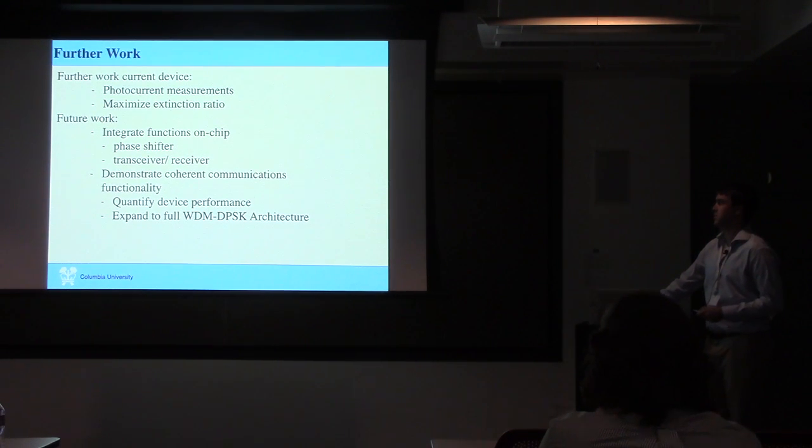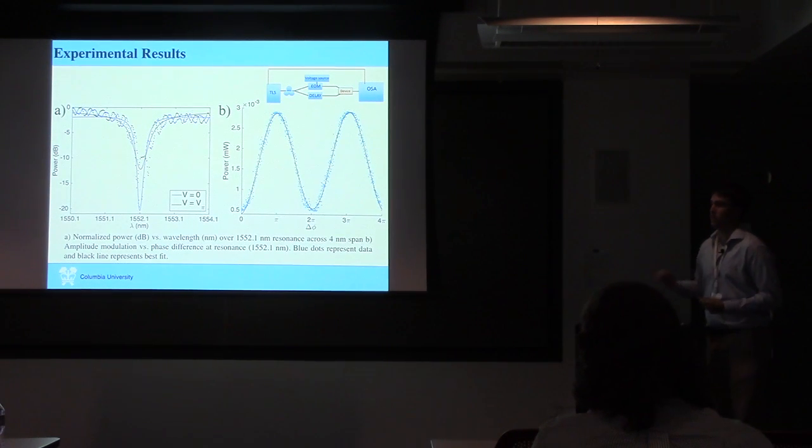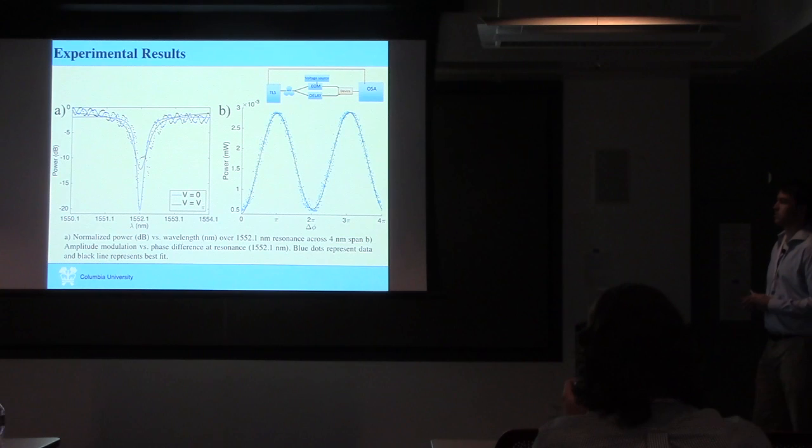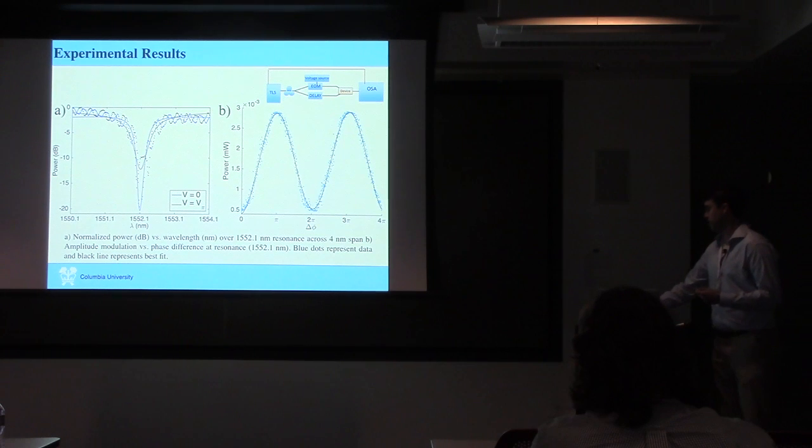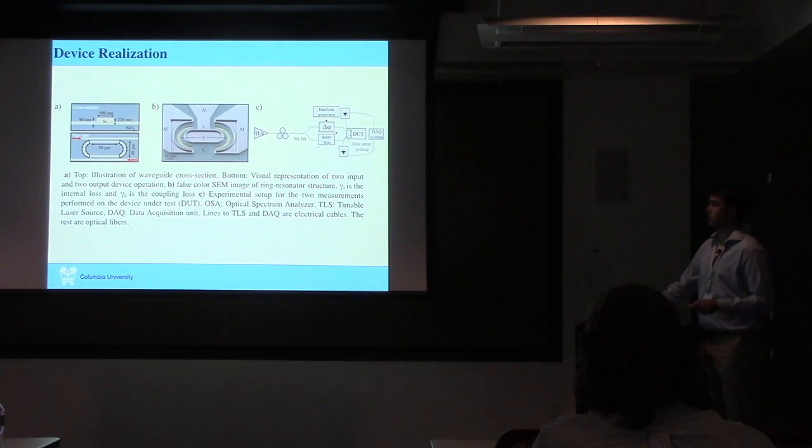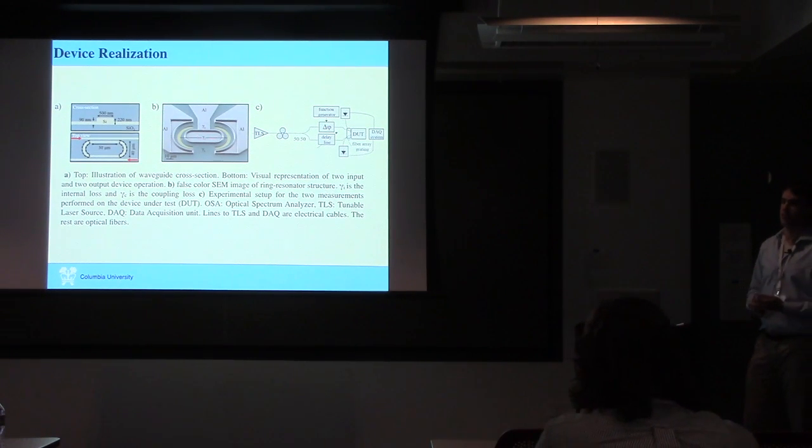The second is to maximize the extinction ratio. If you remember, to get coherent perfect loss, we need the loss rate to be critically coupled to the coupling rate. And as I said before, this internal loss rate is based on the loss rate of the ion implanted silicon, which is not very exact based on fabrication.